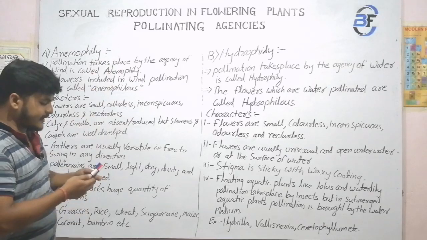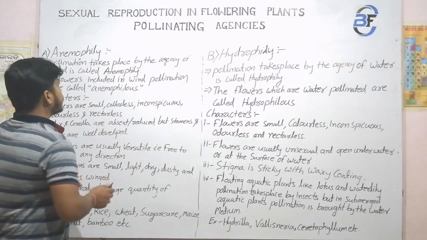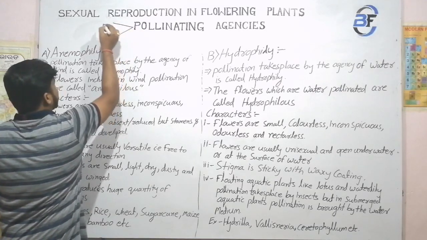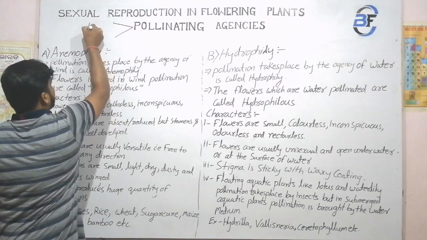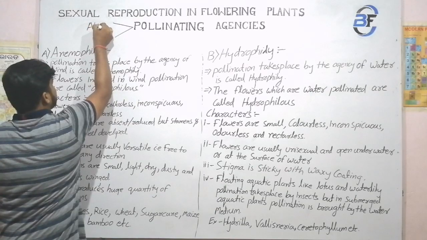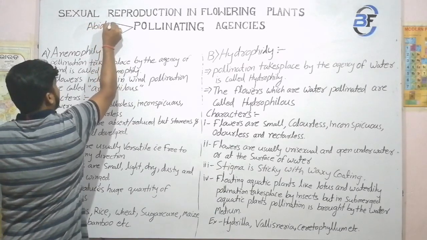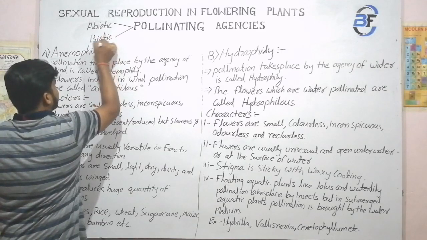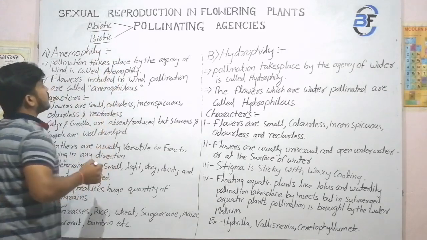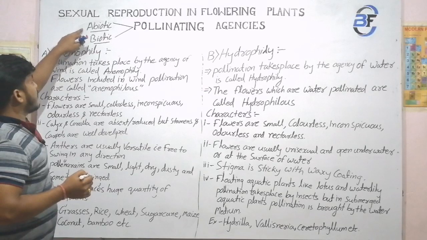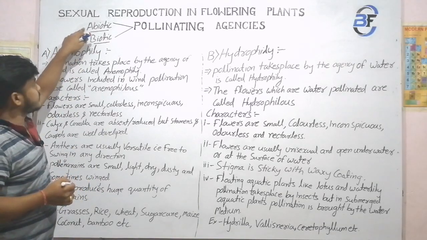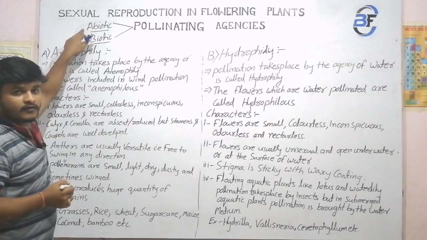The pollinating agencies are mostly divided into two types. One is biotic agencies, another one is abiotic. In today's class we just discuss abiotic.